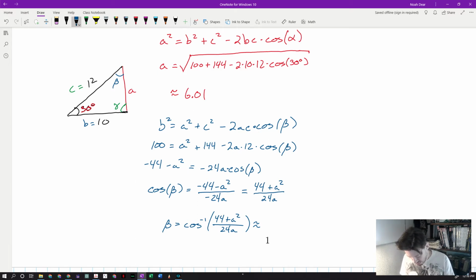Should get cosine inverse of, parentheses in the numerator, 44 plus 6.01 squared, close parentheses, divided by, in parentheses, 24 times 6.01. Decimal places on there, and I get 56.26 degrees.